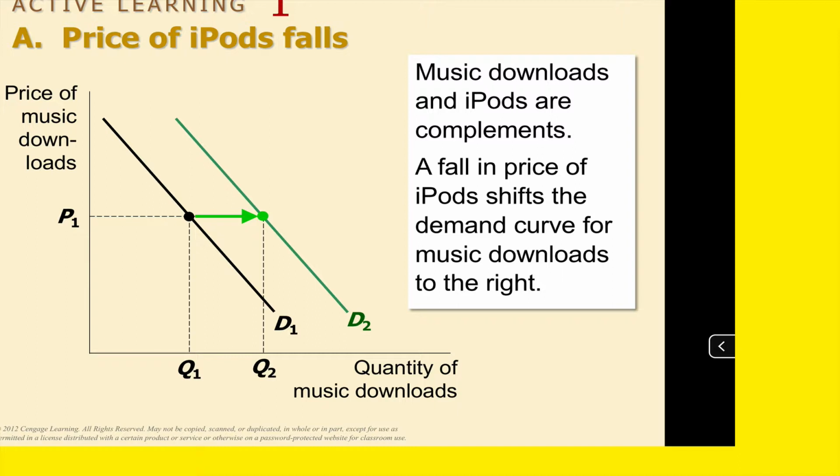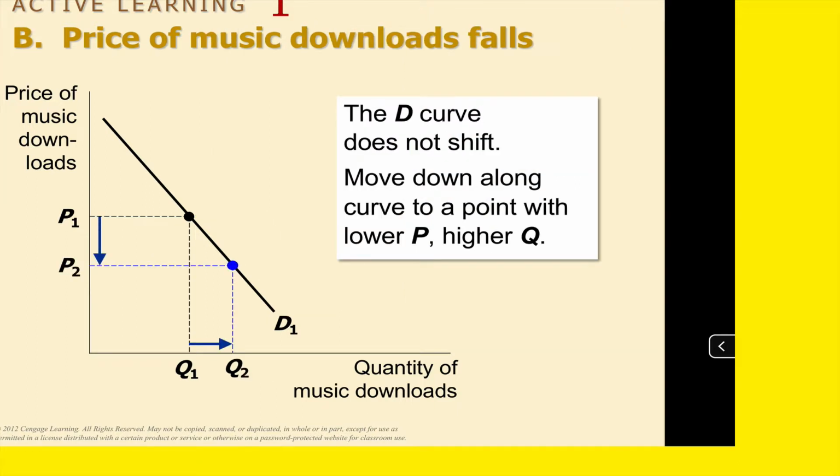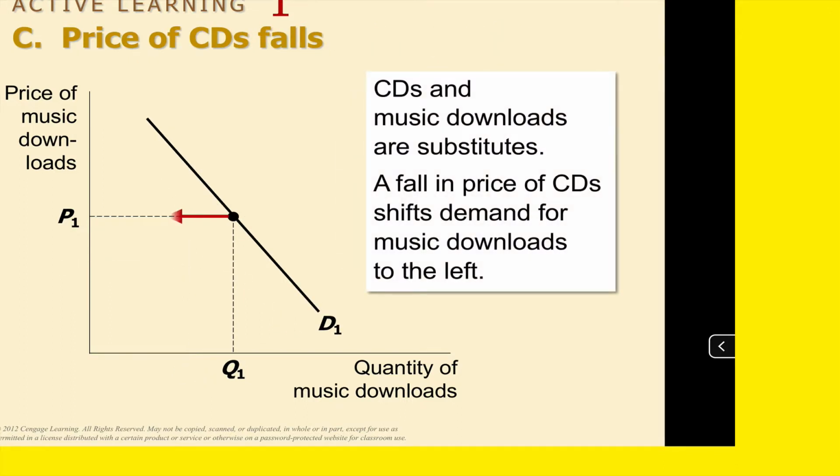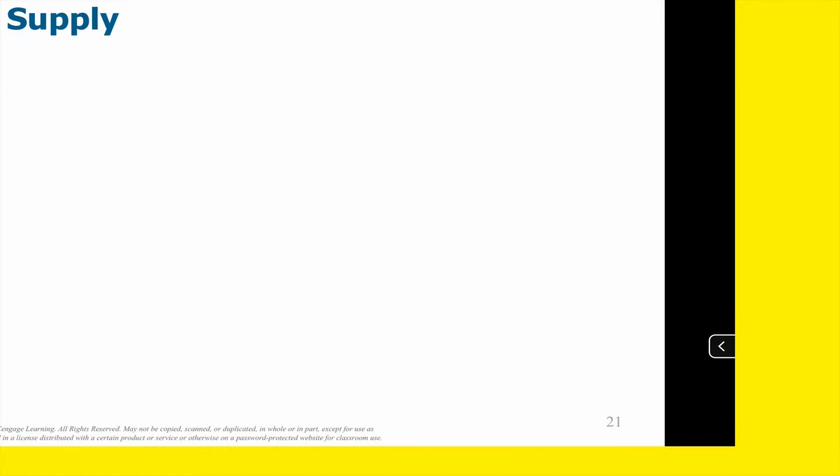Because it's the price of iPods that changed. But what are we graphing? The quantity of music downloads. Music downloads. So the price of music downloads would have had to have changed for it to be a shift along the curve. You're talking about the price of a completely different thing changing. So then you have to decide what's the relationship between the different thing and the thing I'm actually graphing. Got it?